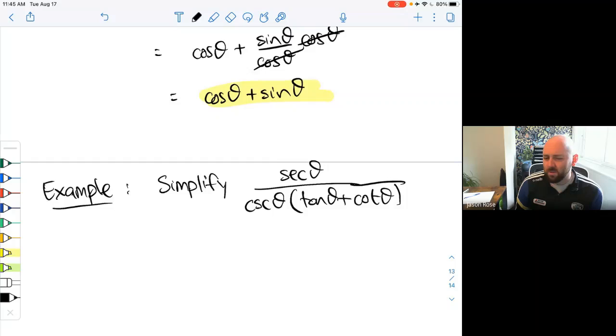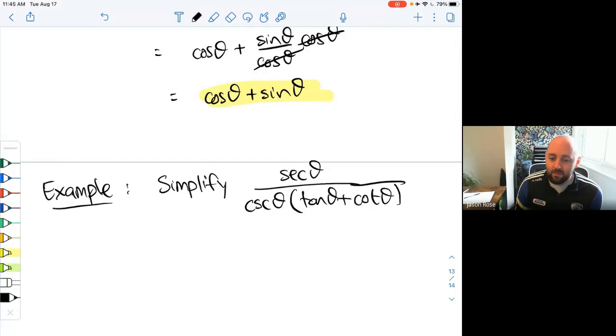I also see one other possibility, actually. I think that would get complicated before it gets easy. Yeah, I've seen a lot of options, but I think probably the most straightforward approach would be to turn everything into sines and cosines and see what happens from there.